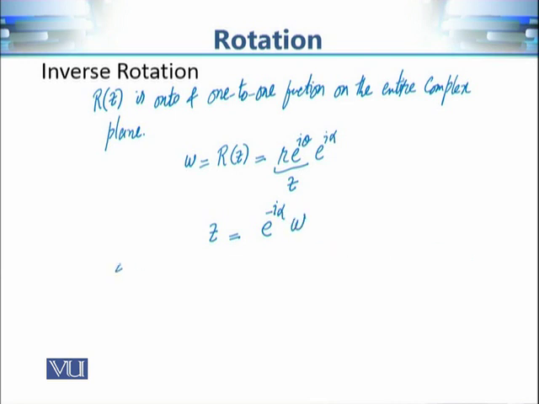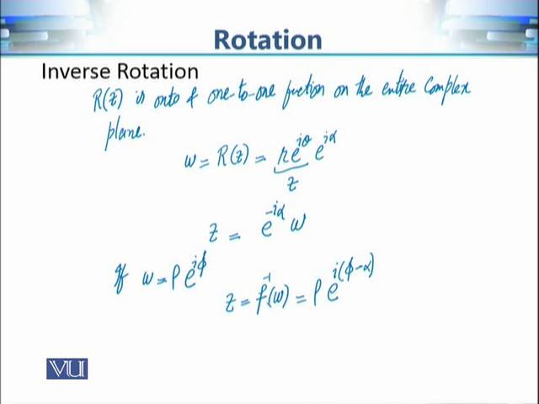Now if we write down this W in its polar form, rho e raised to power iota phi, then this inverse function becomes Z equal to R inverse of W equal to rho e raised to power iota (phi minus alpha). As we can see, if we transform using this rotation transformation, we are rotated by an angle alpha.